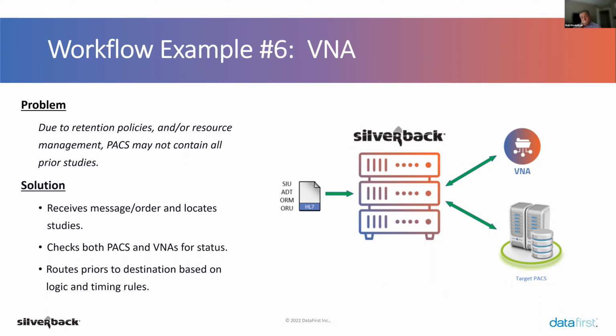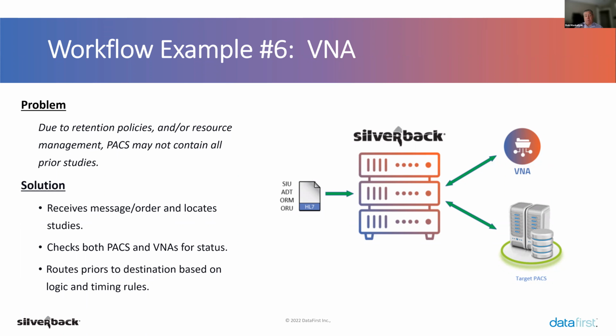All right, so one of the other solutions that we put in place are situations where a customer was an early adopter of VNAs and has a desire to either change their PACS system or use specialty viewing solutions for particular exam types. So what we do is, if a customer's got a fully populated VNA, we discover all the studies that exist on that VNA, and we can do those discoveries dynamically, and we do regular queries of it.